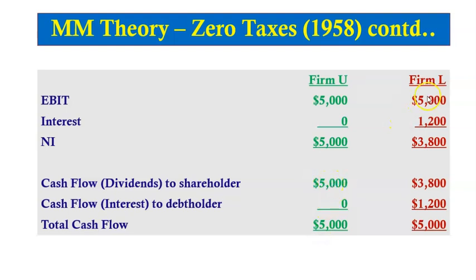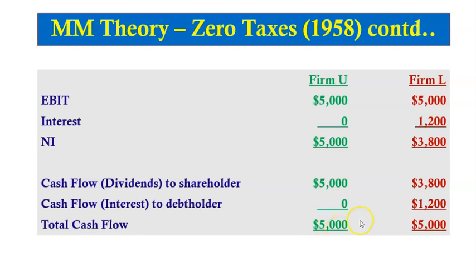Then firm L has $3,800 paid as dividends to its shareholders and $1,200 paid as interest to the creditors on the borrowing. So its total cash flow is also equal to $5,000.